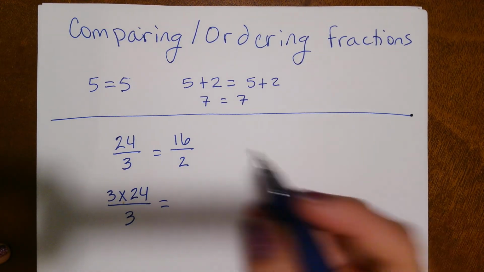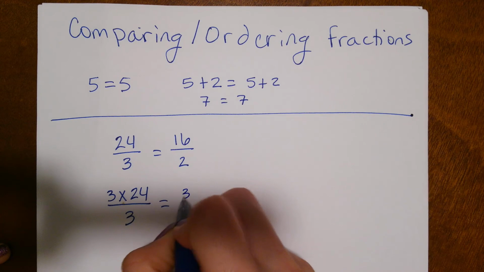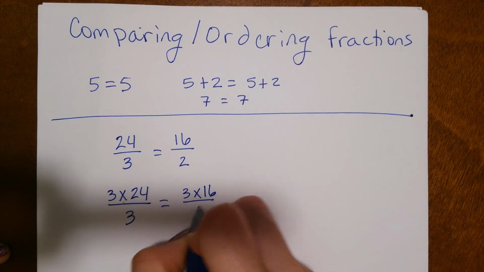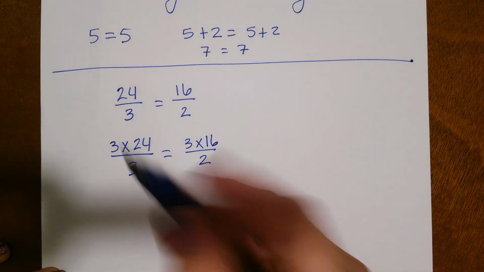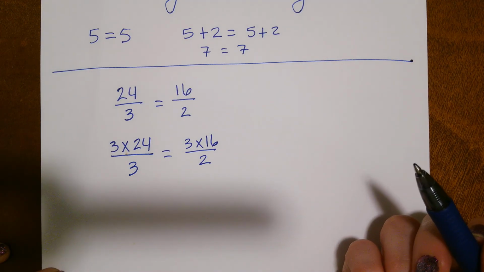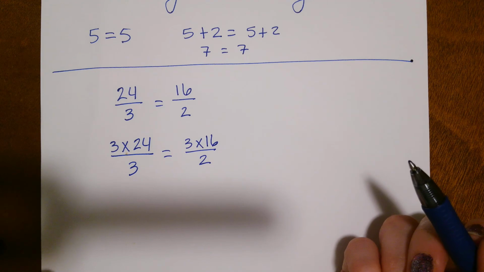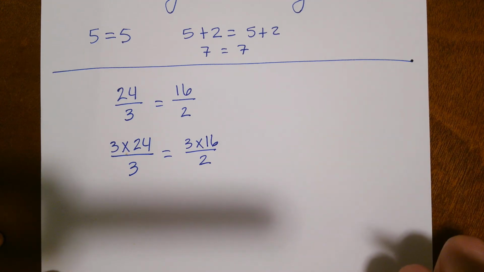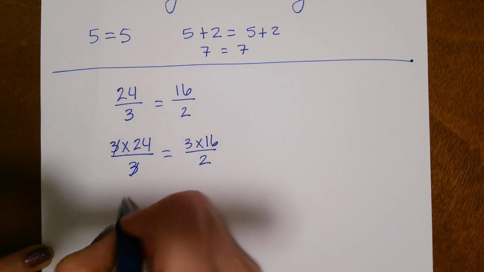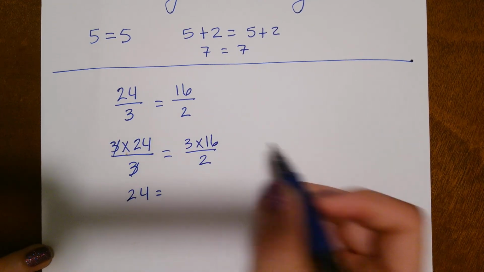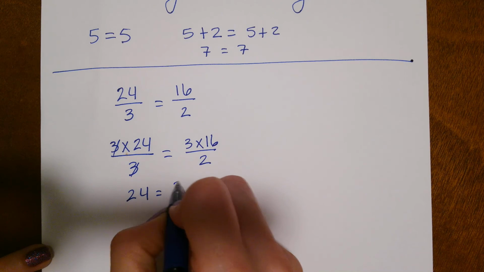And if I multiply the right by 3, I get 3 times 16 over 2. Now on the left, we've looked at equivalent fractions and reducing by the common factor. So here I do have a common factor, and I can cancel out these 3's. So I just get 24 is equal to 3 times 16 over 2.